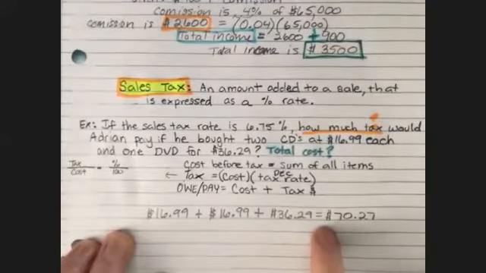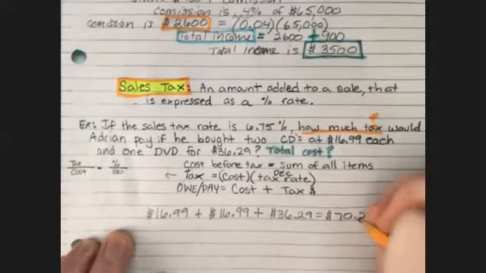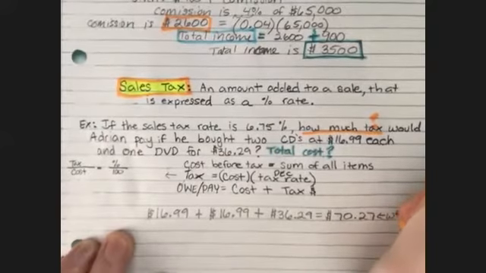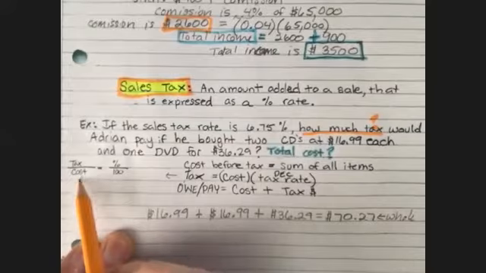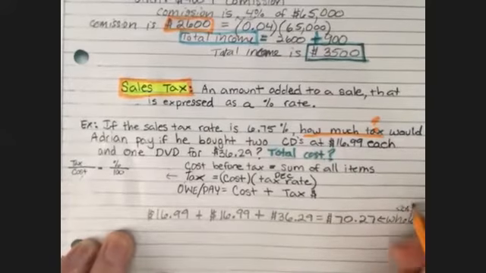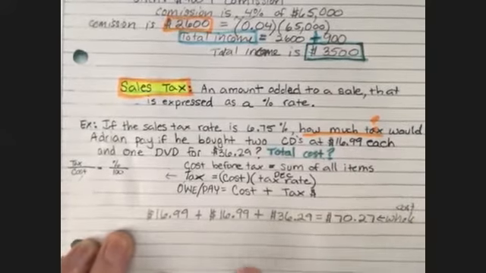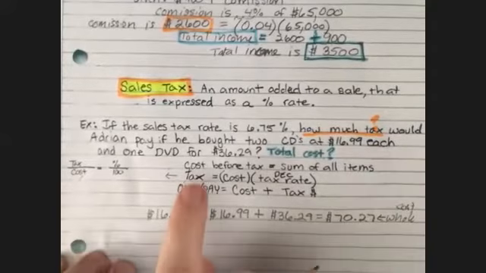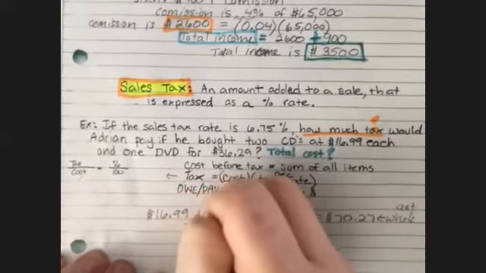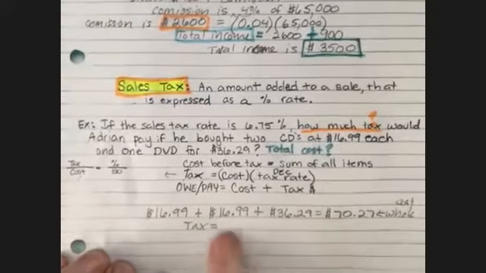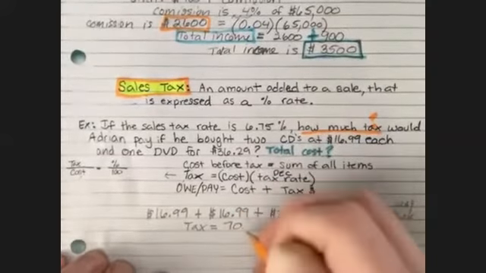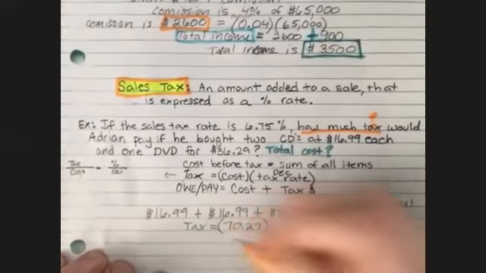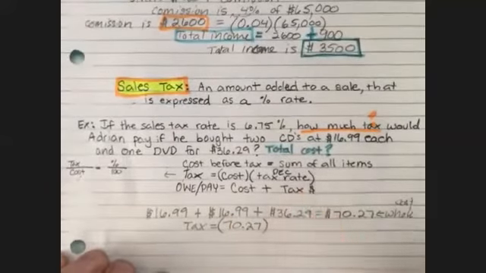So we now need to figure out the tax. This would be the whole. So if you were using your cross products, this would go down at the bottom where the cost is. All right. So now we need to go ahead and plug it in to figure out the tax. So tax equals the cost, which is $70.27 times the rate.